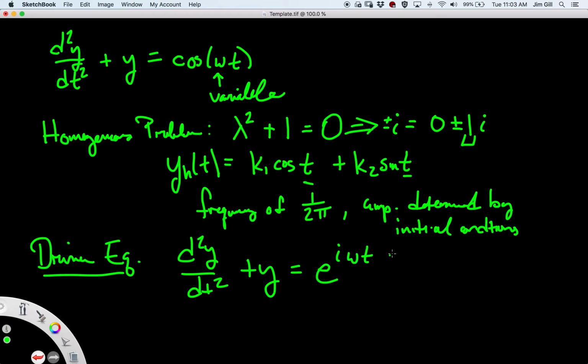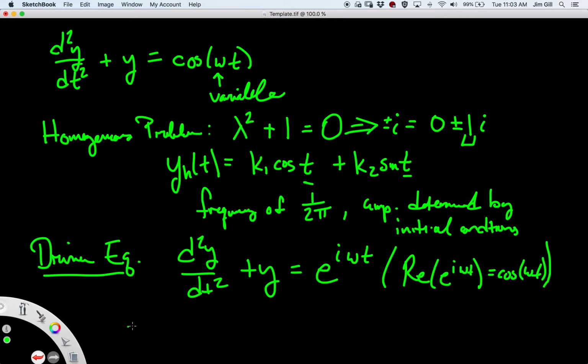Right, this is the trick we did before. And recall that the real part, through Euler's formula, of e^(i omega t) is cosine omega t. And that and the linearity of this differential equation will allow us to just take the real part at the end of this and be happy with our solution. Okay? So that's our driven equation.